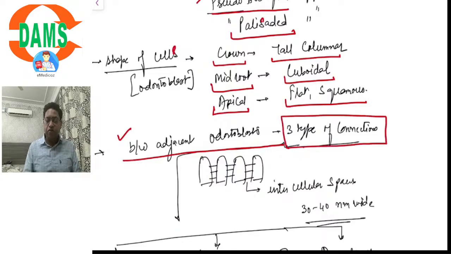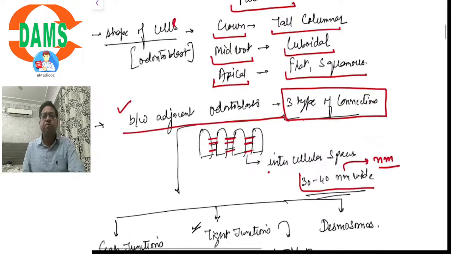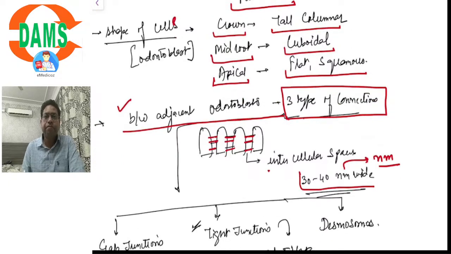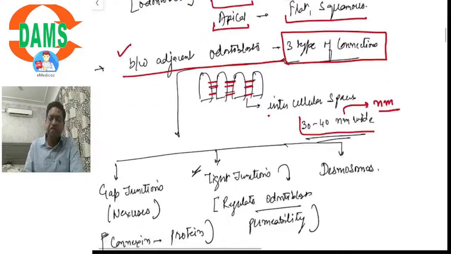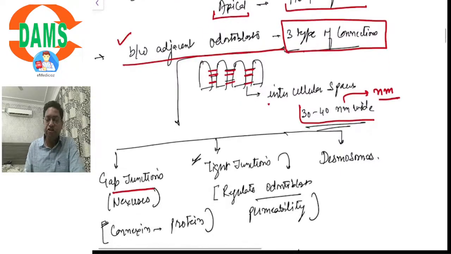These odontoblasts have some 30 to 40 nanometer wide intercellular spaces present between them. The 3 types of connections are the gap junctions, the tight junctions, and the desmosomes. Gap junctions are also called nexus, and they are made up of a protein called connexin.